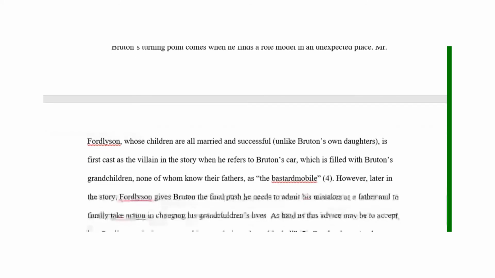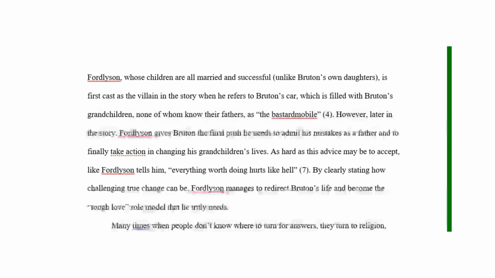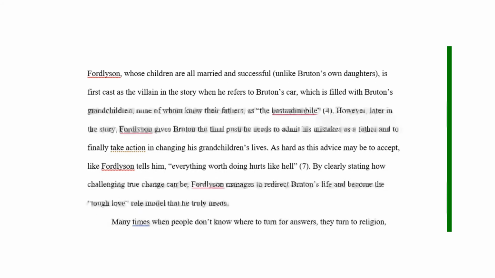And then again, in this body paragraph, you go on to support with a direct quotation. Frame that quotation, set it up, tell the reader what's going on in the story, and then explain the quotation and how it relates to your point. So again, in the body paragraphs, you're framing a quotation and then you're explaining how it supports your point.